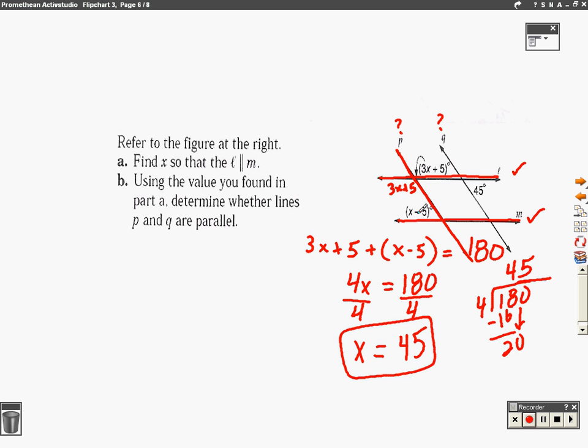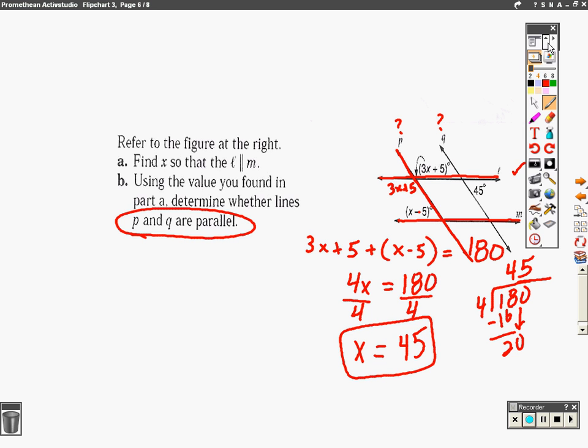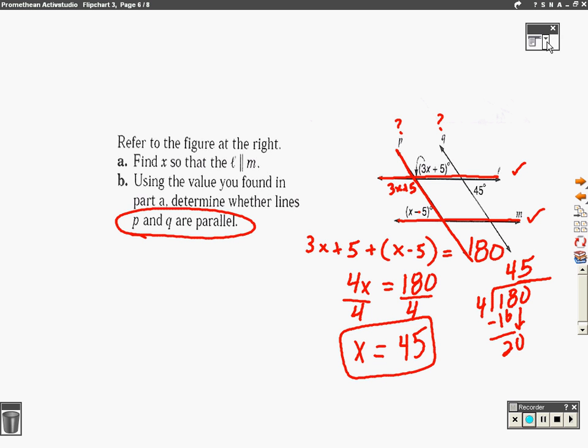Now, next part, using the value you found in part A, determine whether lines P and Q are parallel. All right? Well, let's fill in the information we now know. If this angle right here is x minus 5, I could substitute in 45 minus 5 or just 40 degrees.